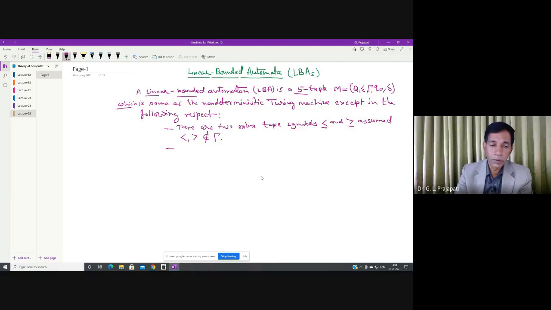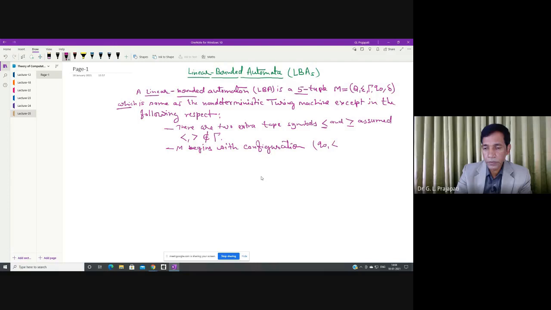So your Turing machine or LBA, which we denote by M, begins with the configuration where you are in the state Q0, which is the initial state.